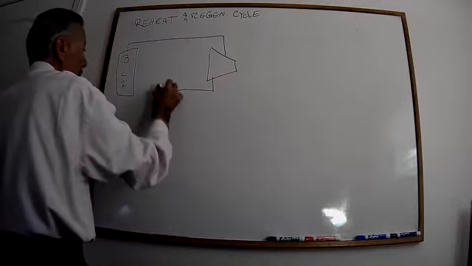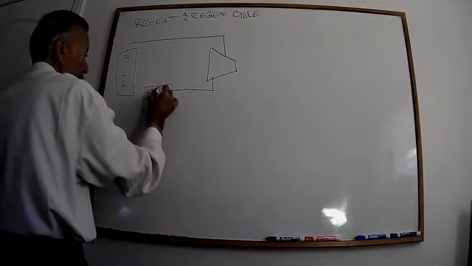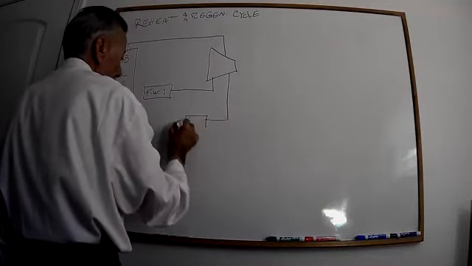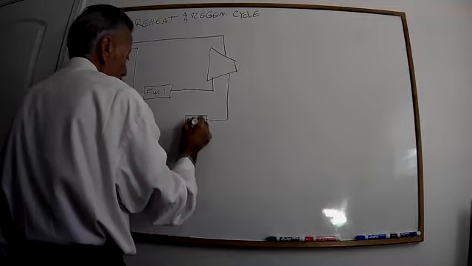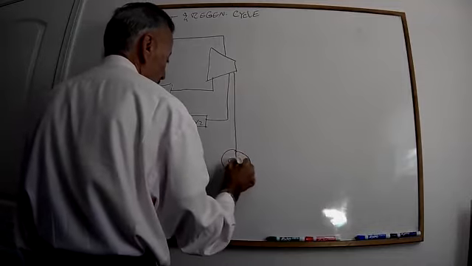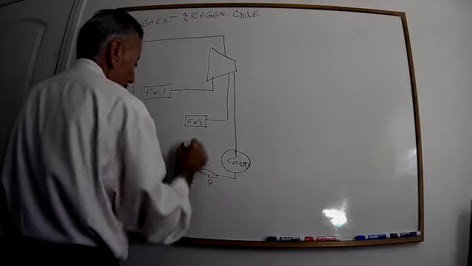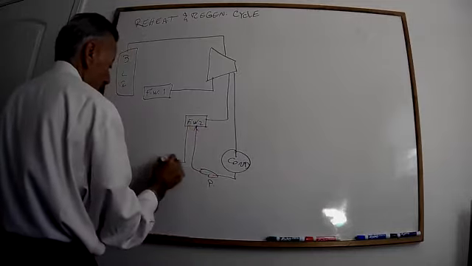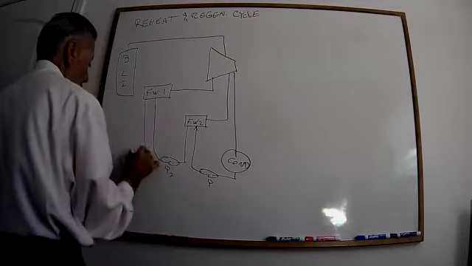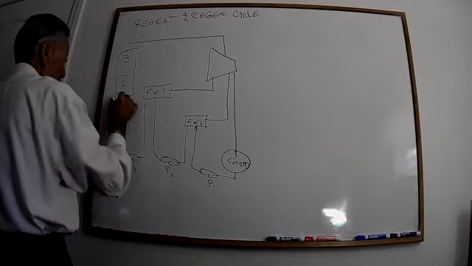So we have feed water 1. That's feed water 2. That's our condenser. Pump 1. Pump 2. Pump 3 and going up.